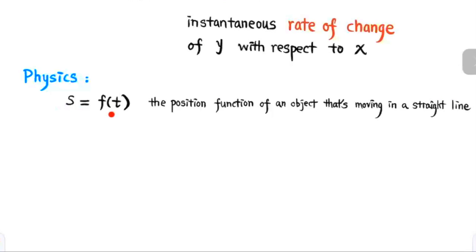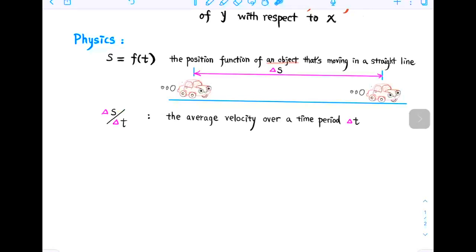If s equals f of t is the position function of an object that's moving in a straight line, then the difference quotient, delta s over delta t, represents the average velocity over a time period, delta t.